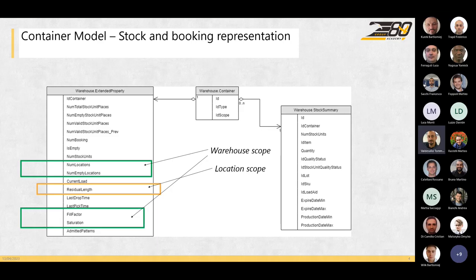Then we add residual length, in which we save the residual length for the location, and this of course is only for location scope.